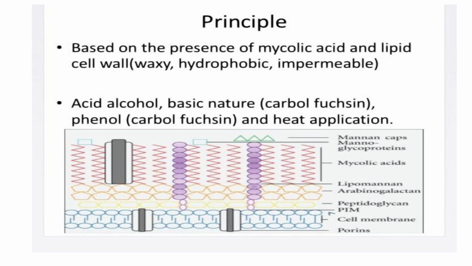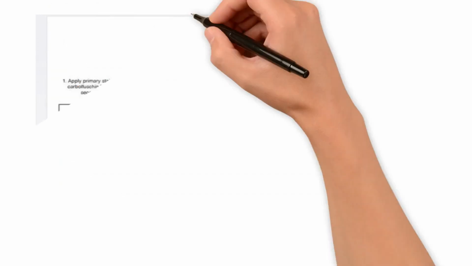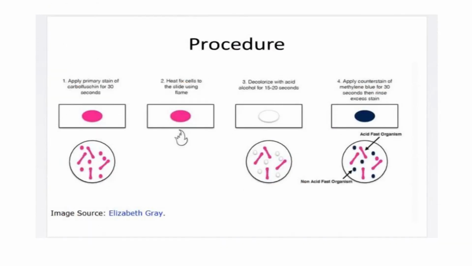And for the procedure of staining acid-fast bacilli, we start by flooding with the primary stain, which is strong carbofuchsin, for 30 seconds. In the second step, we heat in order to dislodge the wax or lipid material and allow penetration of the carbofuchsin to the required area.